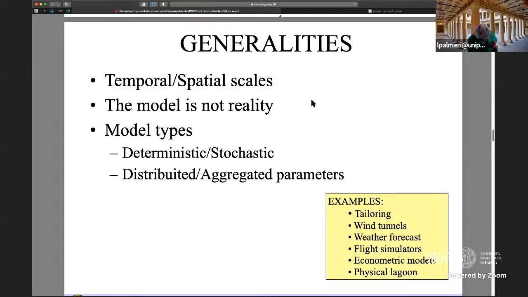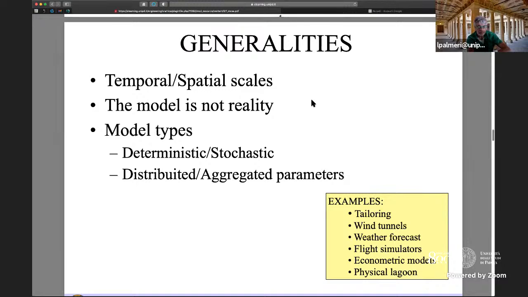The idea of weather forecasting models is that of providing a forecast, a description of how the weather of the system I'm focusing on will be in the future.